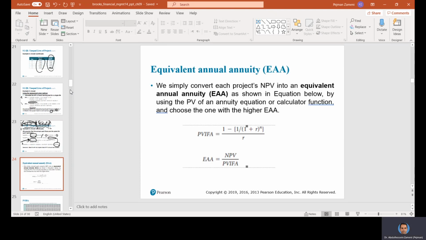Let's see another method, which is called EAA, or equivalent annual annuity. This is the way we're going to follow. We simply convert each project's NPV into an equivalent annual annuity, as shown in the equation below, by using the present value of an annuity equation or calculator function, and choose the one with the higher EAA.